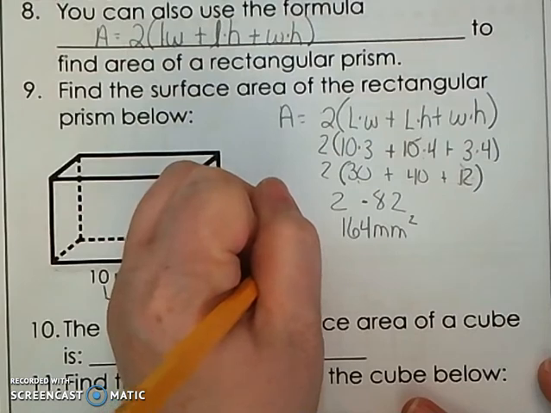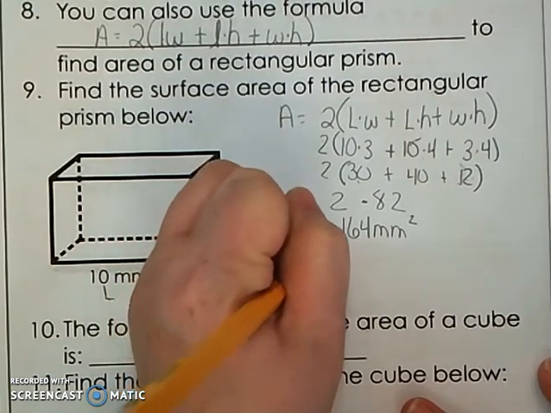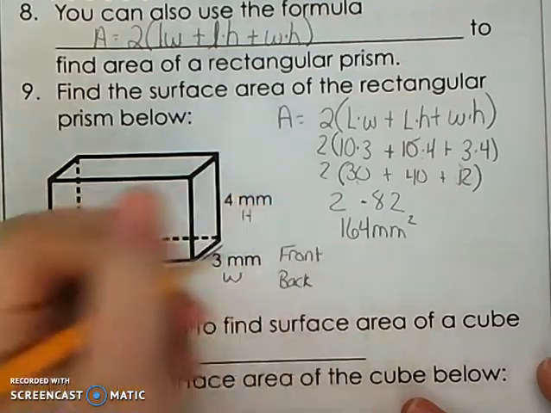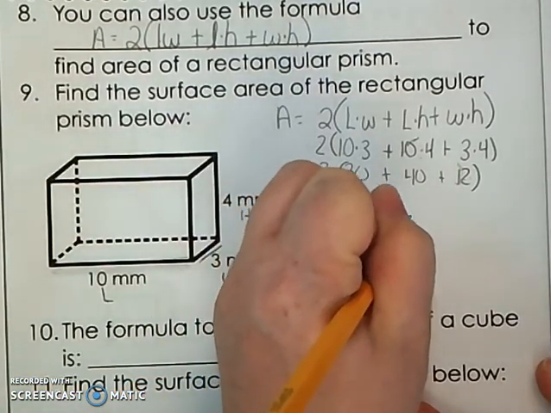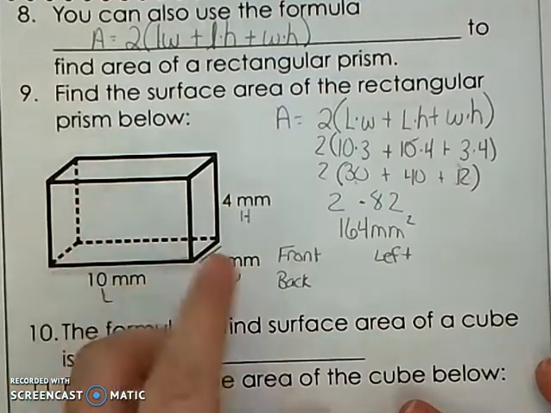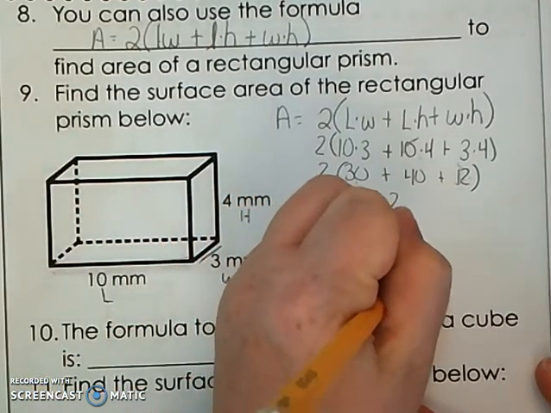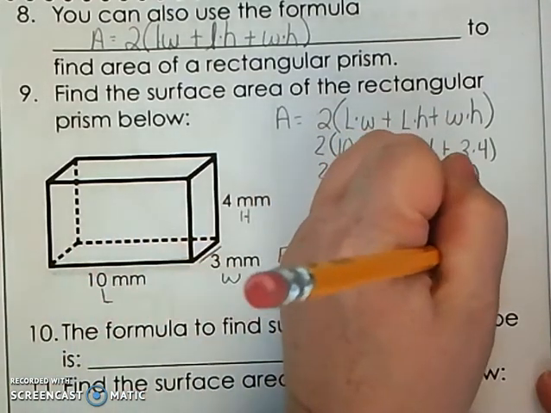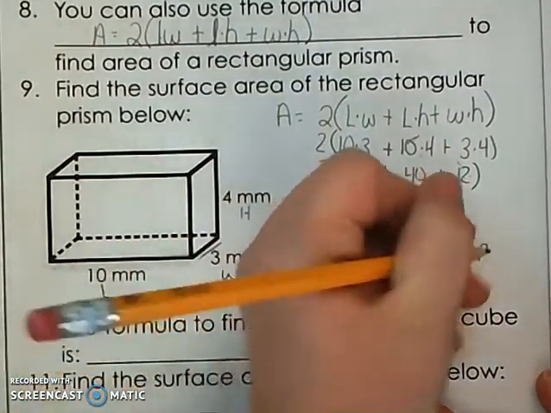So we have a front right here, a back, a left, which is here, a right, which is here, a top, and a bottom.